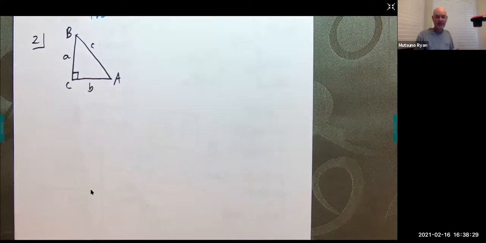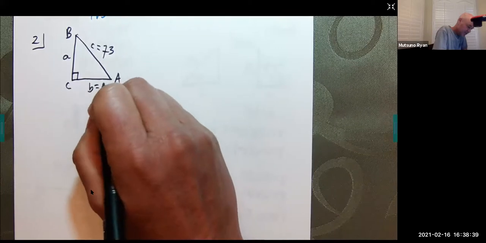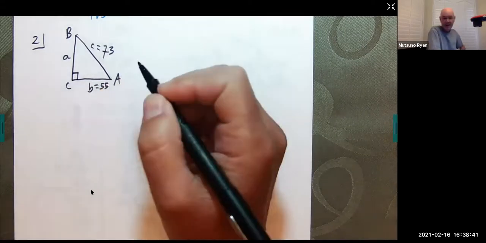So this side is going to be lowercase a, lowercase b, and lowercase c. And they tell us that C is 73, B is 55, and A is 48.